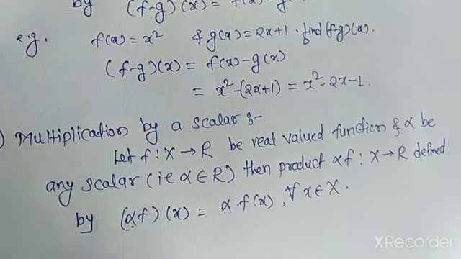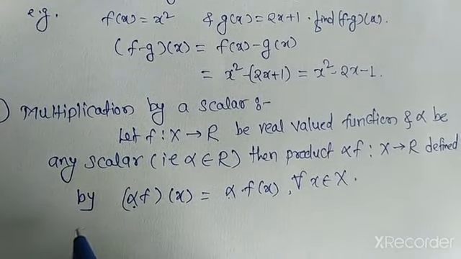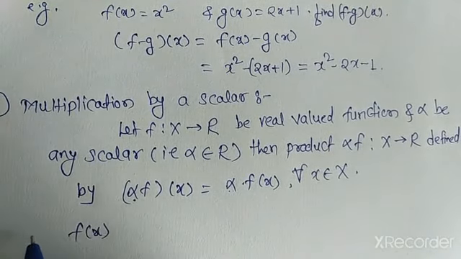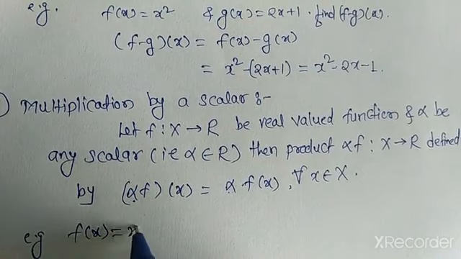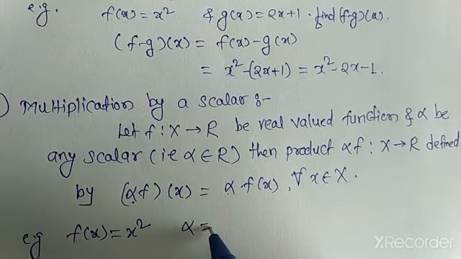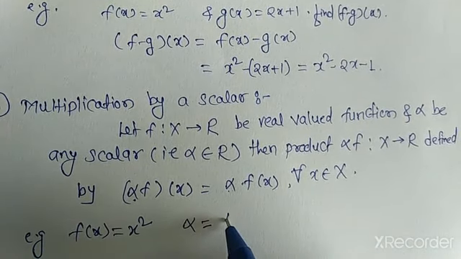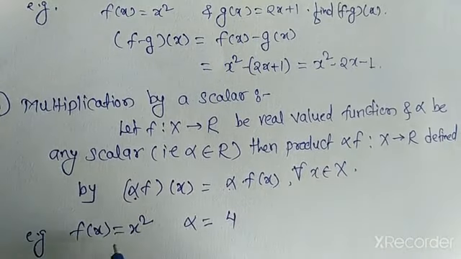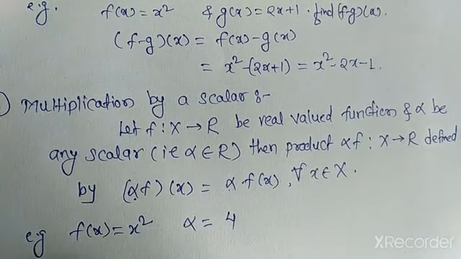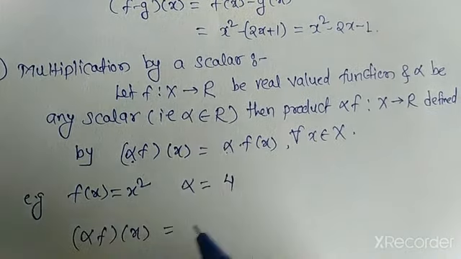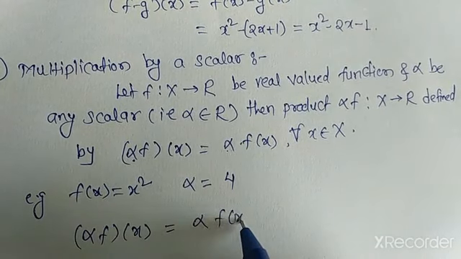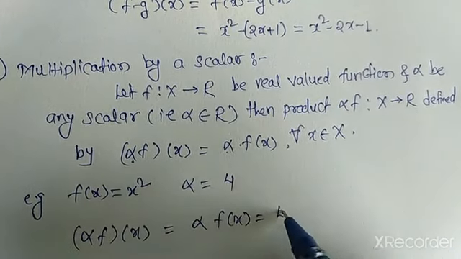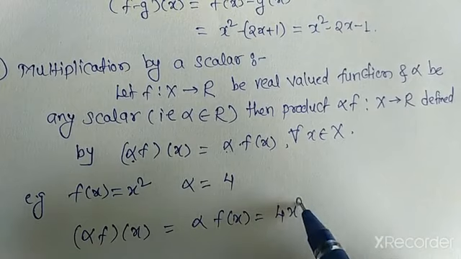For example, if you consider the above example again, f(x) is equal to x square, and alpha is equal to 4, then (alpha f)(x) is equal to alpha into f(x), where alpha is 4 and f(x) is x square.